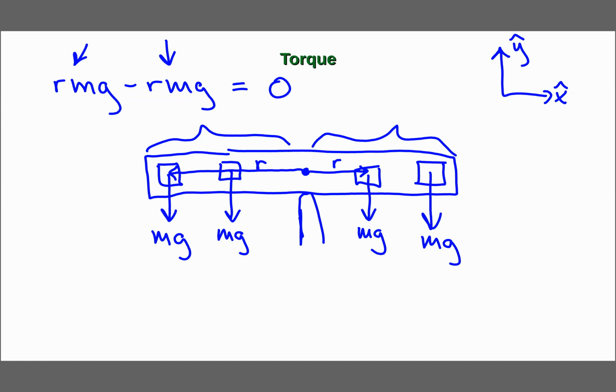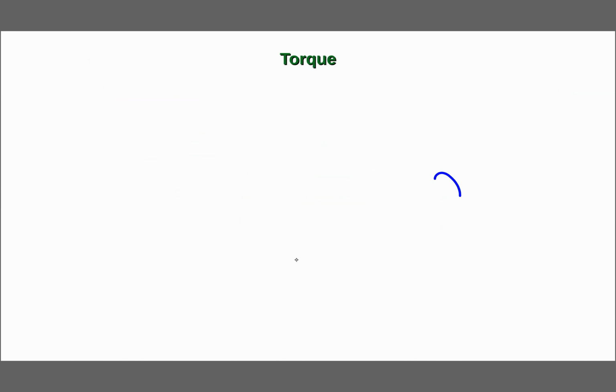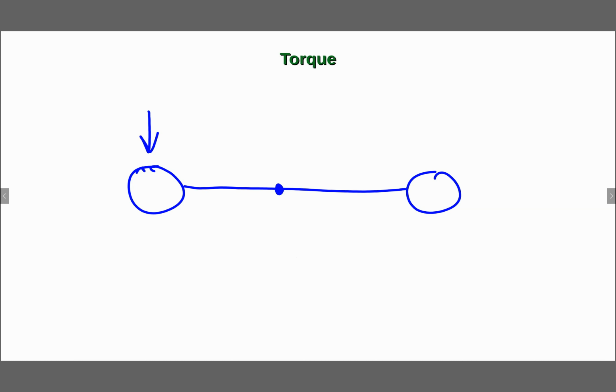So our net torque in this case is 0, which means we have no angular acceleration. So now imagine instead that we have two big weights on either end of, say, a massless ruler. Now, if we have some axis of rotation, then for macroscopic objects like this weight, each little piece of this weight would apply its own torque, right?